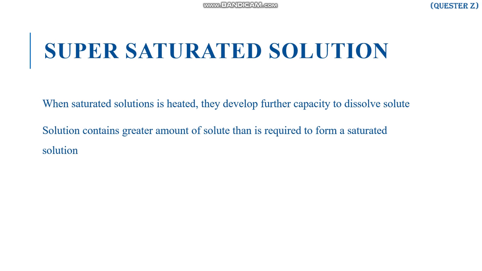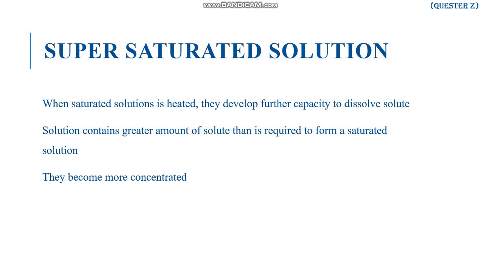Because by heating, the internal spaces between the solvent molecules increase because of the breakdown of the force of attraction between their molecules. So more solute gets inside the spaces present between the solvent molecules. So the solution contains a greater amount of solute than is required to make the saturated solution. They contain the greatest amount of solute as compared to all other types of solution.